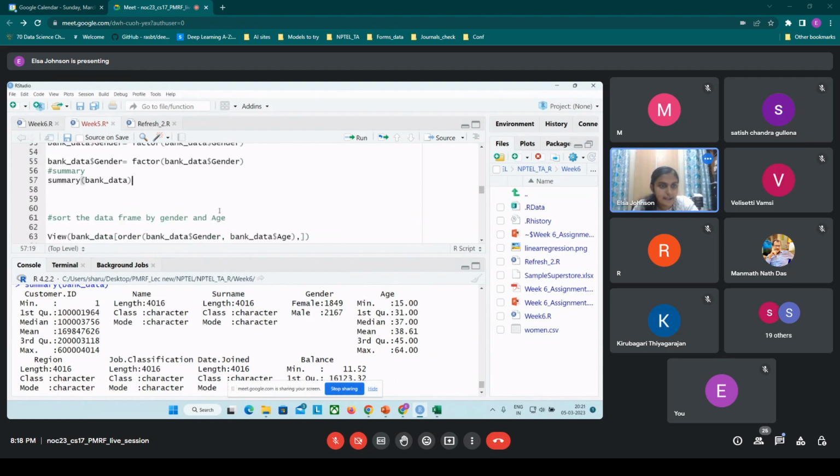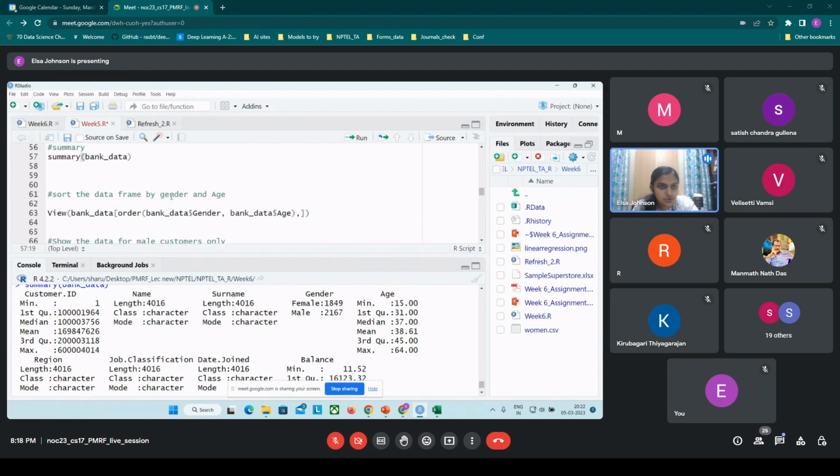Now sort the data frame by gender and age. This is an operation where you sort the whole data frame in terms of gender and then age. So I'll put bank_data order, and in order, first gender should come and then age, and then everything else.